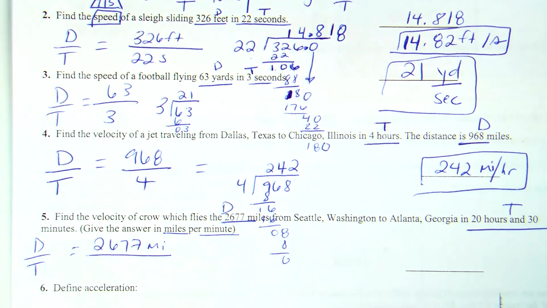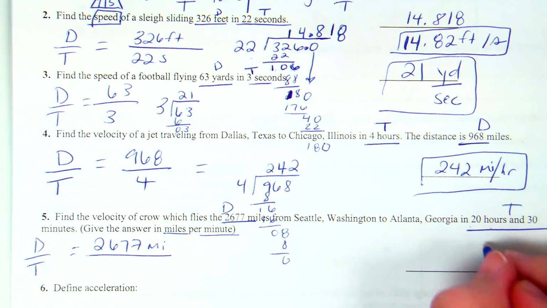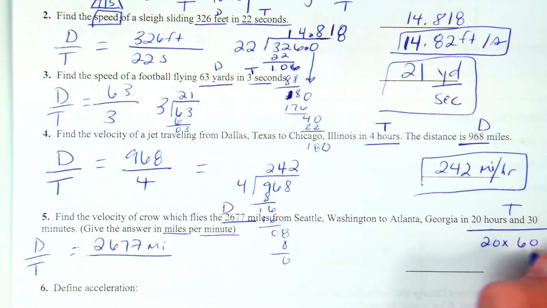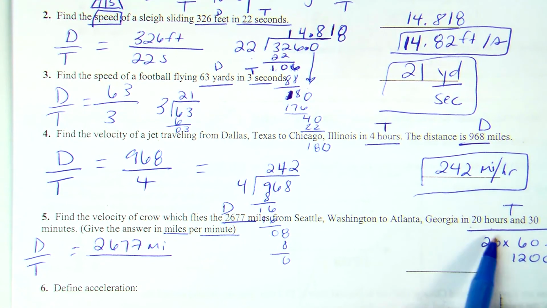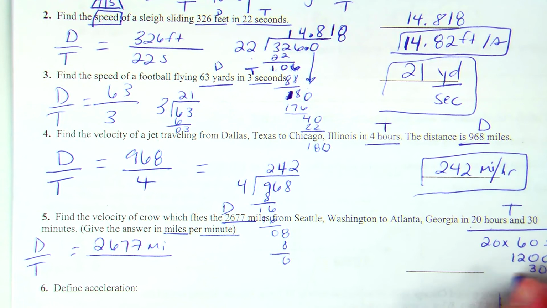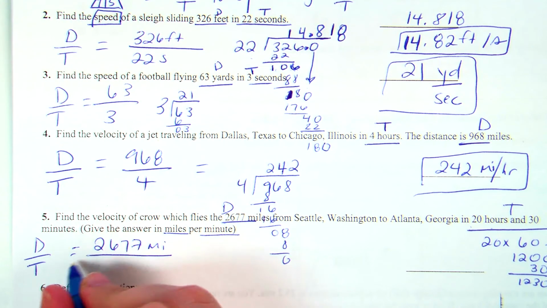So we have it in miles, but that's in hours and minutes. So we know that 20 hours times 60 minutes, 2 times 6 is 12 with 2 zeros, is going to give us 1200 minutes, right? If you add 3 to that, it will give you 1203 minutes.